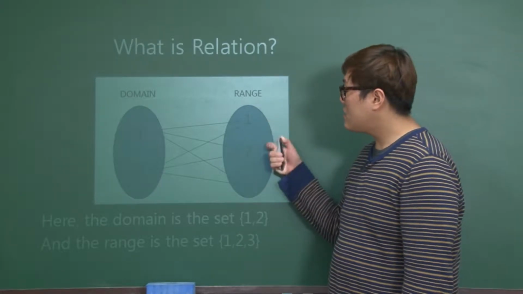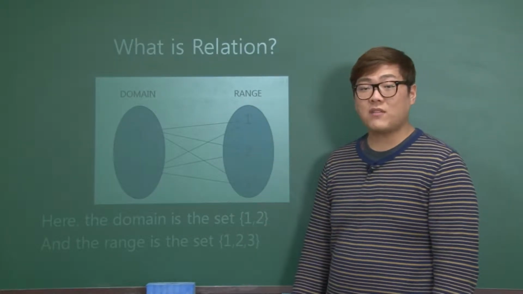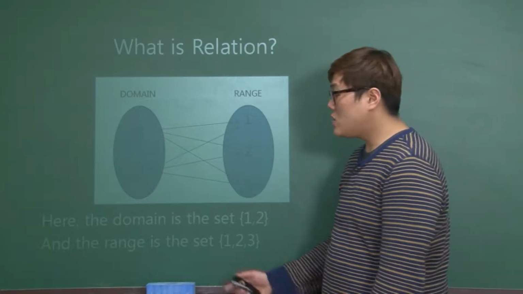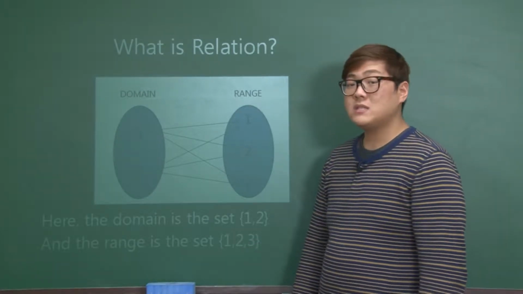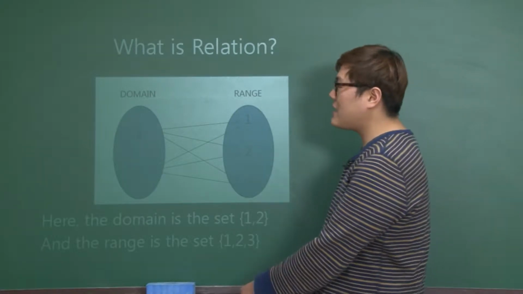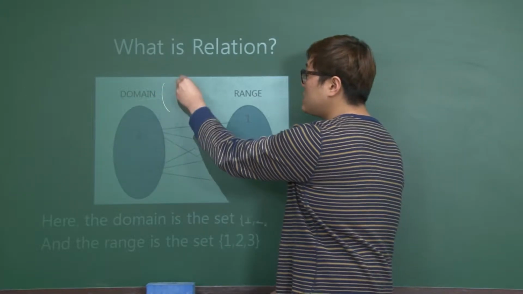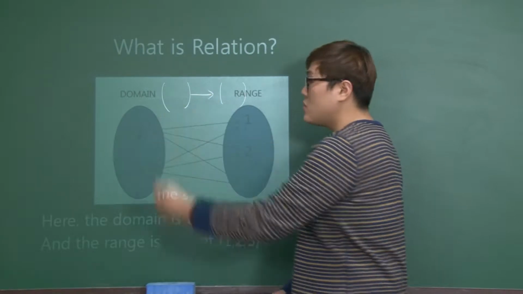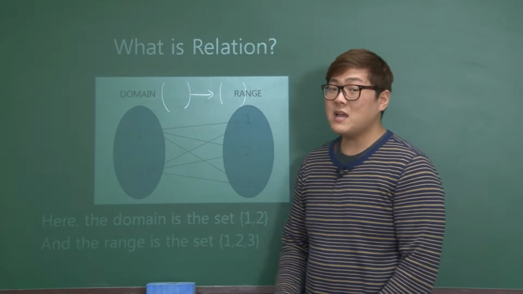And 1, 2 and 3 all together is the range, so the range is the set {1, 2, 3}. So between two sets, we call this a relation.